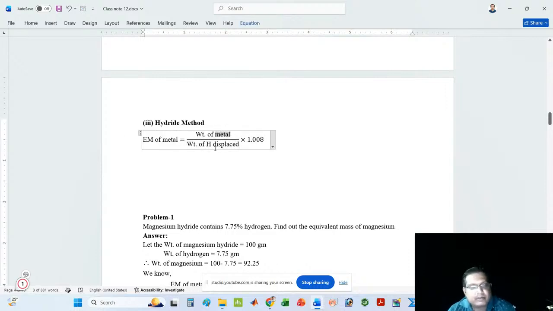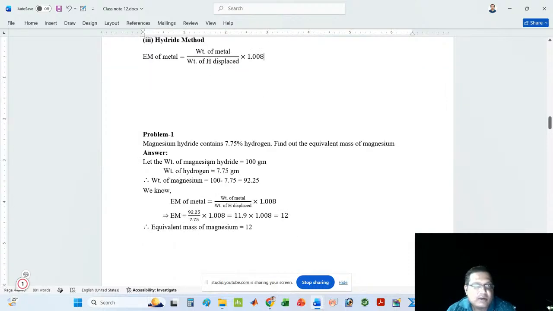Instead of weight of chlorine or weight of oxygen, here I can write weight of hydrogen multiplied with 1.008, because it is compared with the 1.008 part of hydrogen as in the definition of the equivalent mass. As per the definition of equivalent mass, here I multiplied 1.008. Now the final formula is equivalent mass of metal is equal to weight of metal divided by weight of hydrogen displaced into 1.008. Now take a problem.